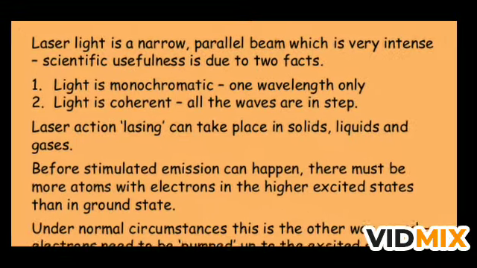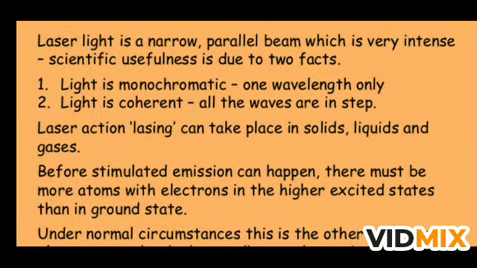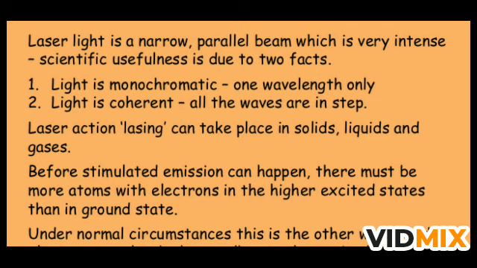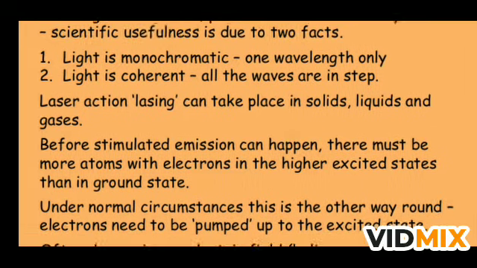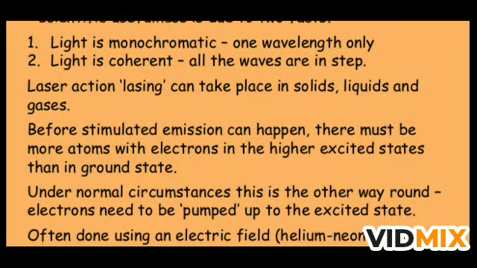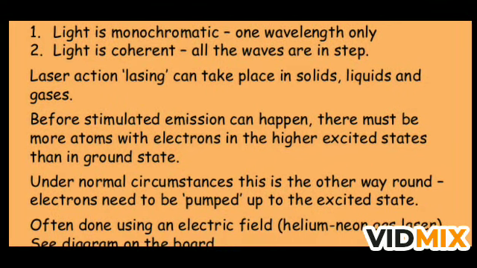Laser light is a narrow parallel beam which is very intense. Its scientific usefulness is due to two facts: light is monochromatic, means only one wavelength, and light is coherent, means all the waves are in step. Laser action, lasing, can take place in solids, liquids and gases.